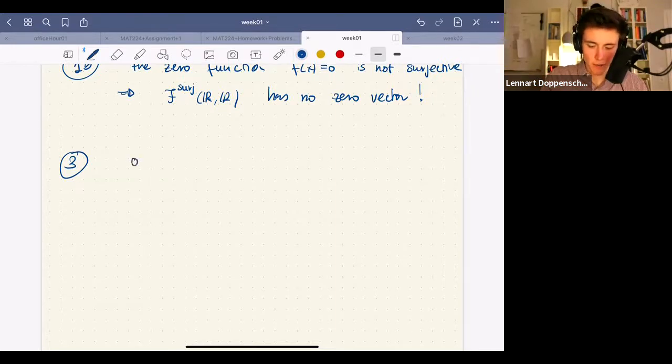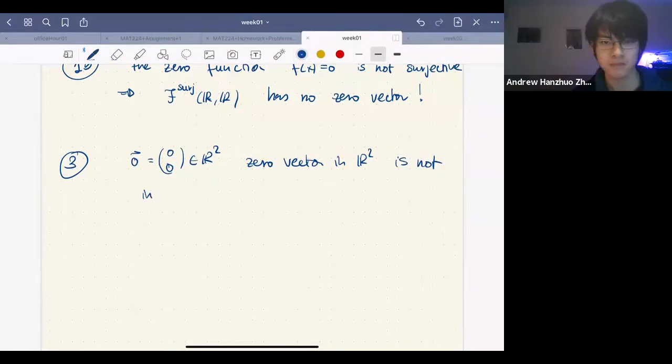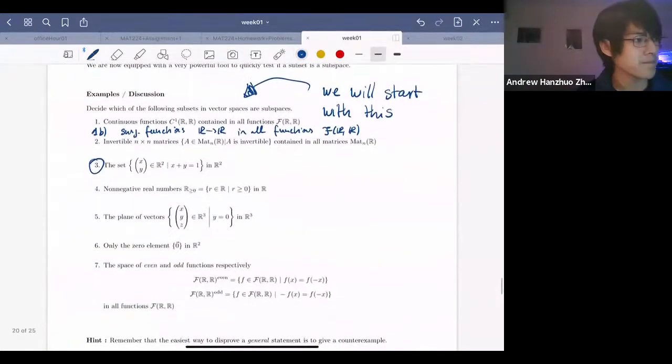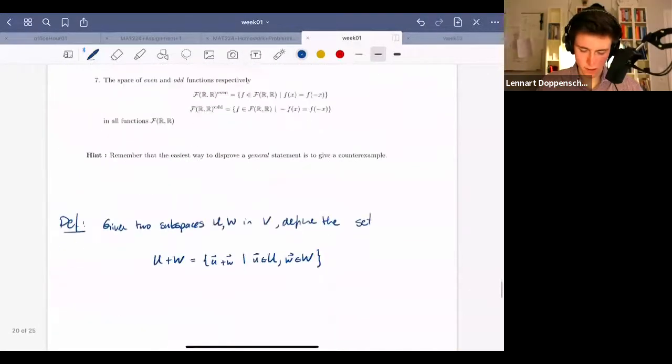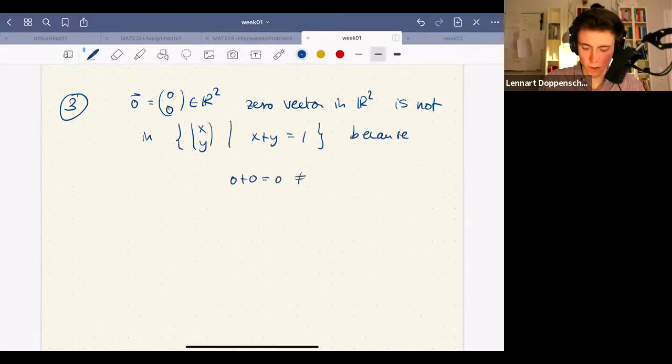So the zero vector in R2 does not lie in the set, simply because 0 plus 0 is equal to 0 and not 1.